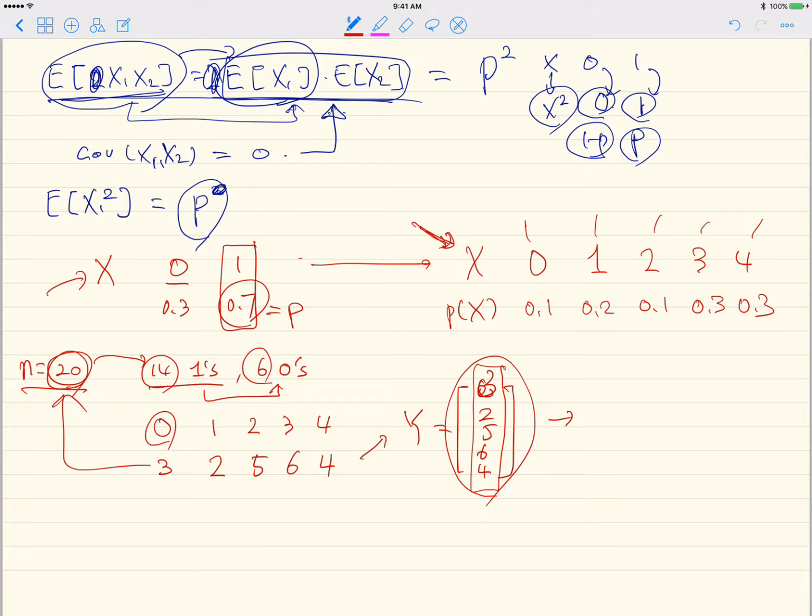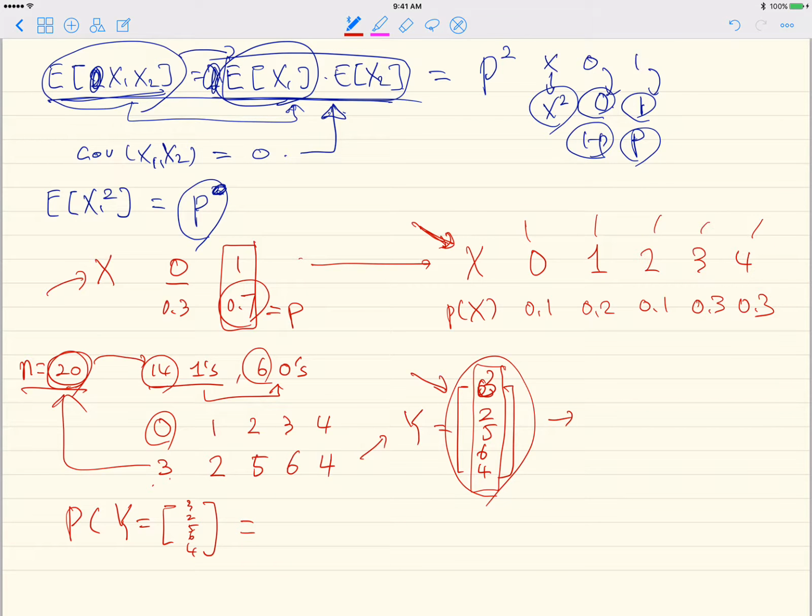Suppose we want to compute the probability of observing this specific value from our multinomial random variable. The probability of y being this can be computed in this form.